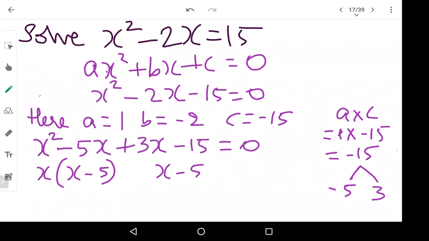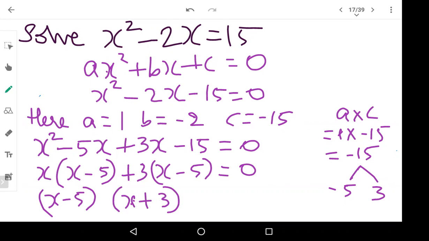Here also it is x minus 5. So I'll take plus 3 because 3 fives are 15, minus 15 is equal to 0. So x minus 5 into x plus 3 is equal to 0.